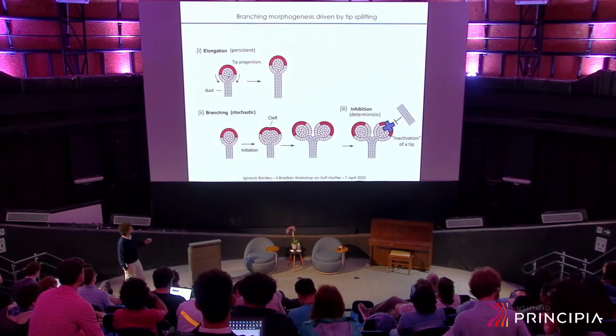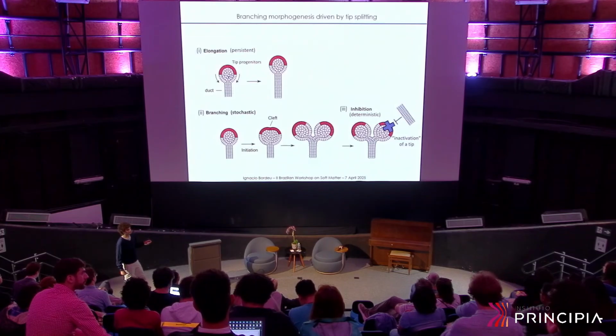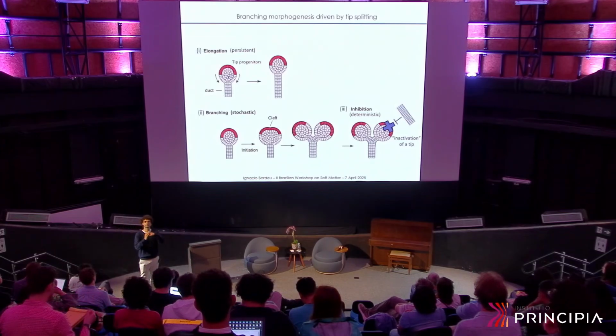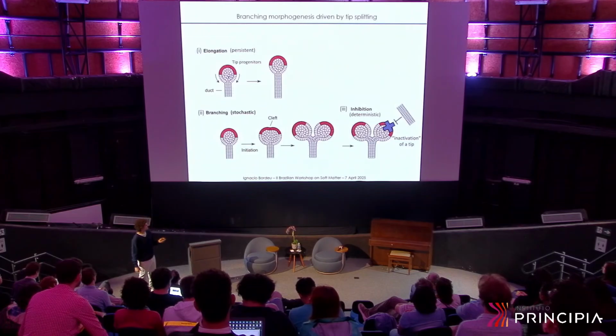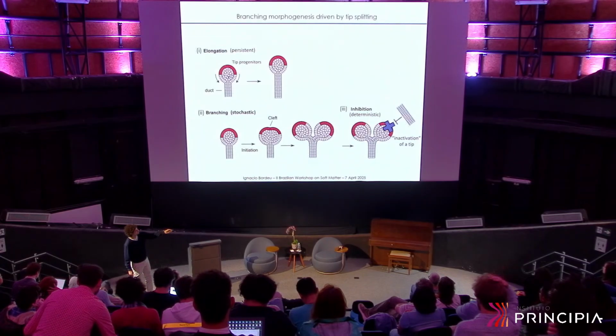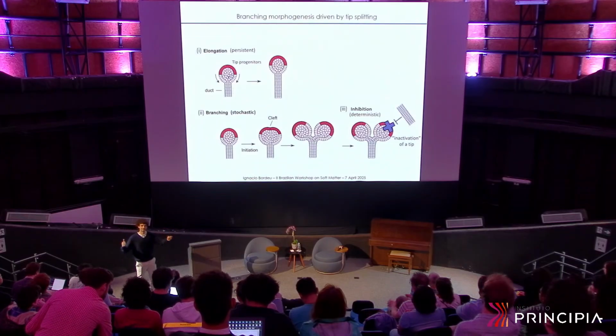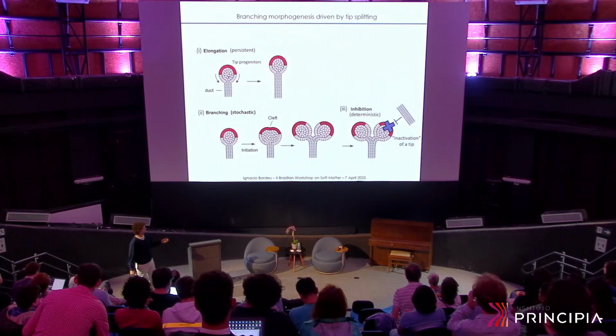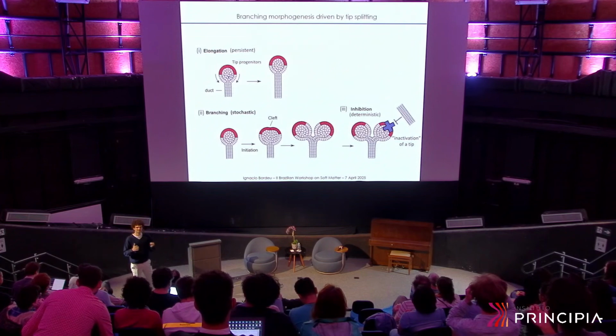And of course, because in these tissues we don't have reconnections, so if you think of the lung, it doesn't have loops, right? So we need a mechanism that inhibits reconnections. Whenever a tip grows into existing duct or other tips, it's going to be inhibited, and we can discuss how that inhibition occurs.